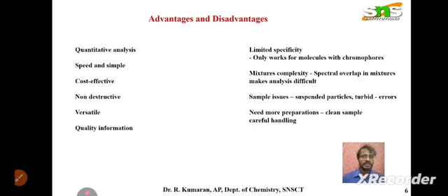So what are generally the advantages and disadvantages of UV visible spectroscopy? Quantitative analysis, meaning how much. The concentration of nanoparticles in the solvent can be analyzed through UV visible analytical techniques, and it is very fast and facile. It means speed.